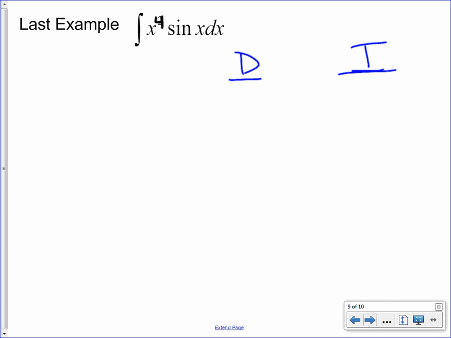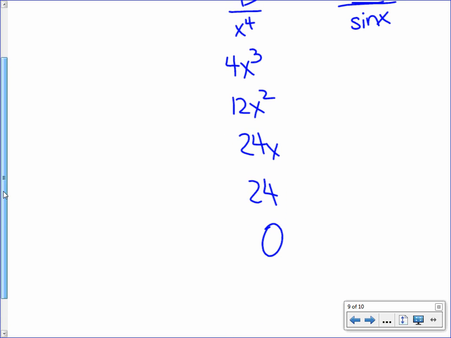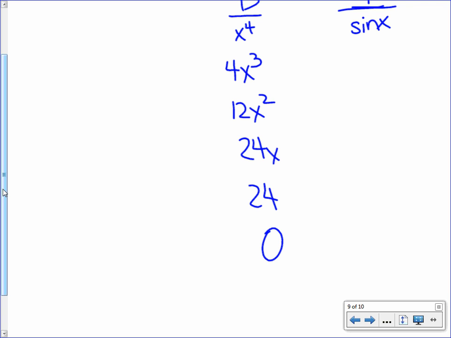All right, so what is our u and our dv? Okay, so in that column, x to the 4th, then what? What else do we need? Our integration column.